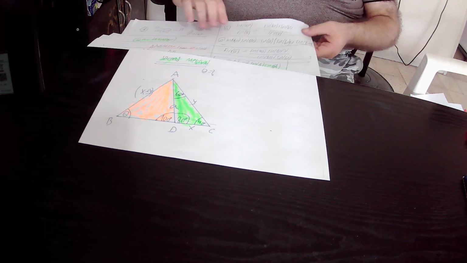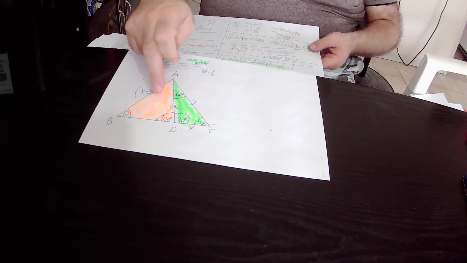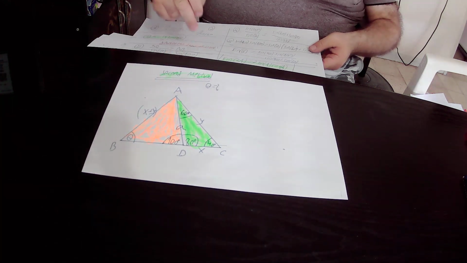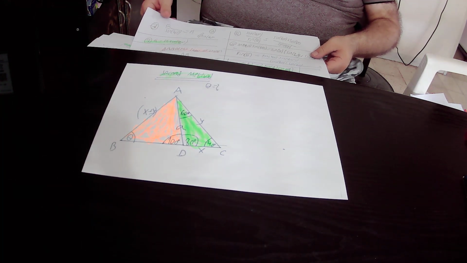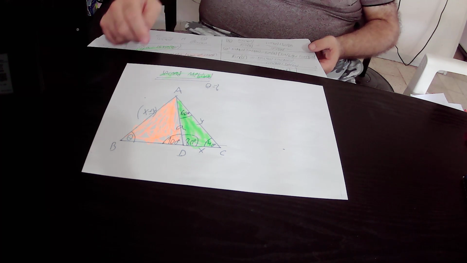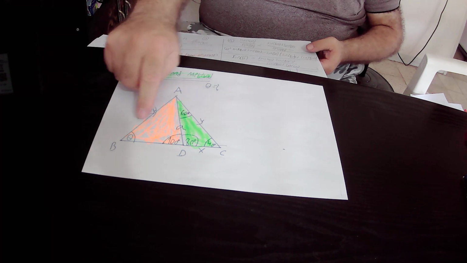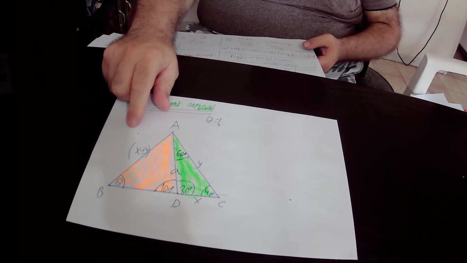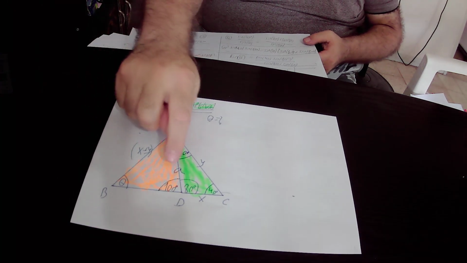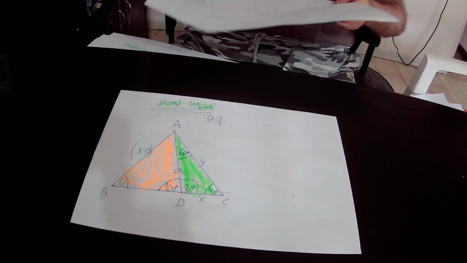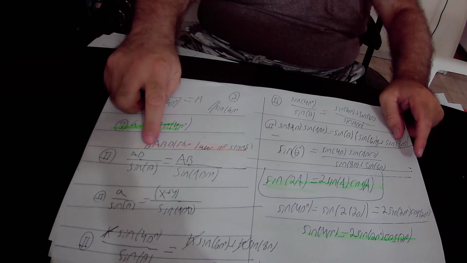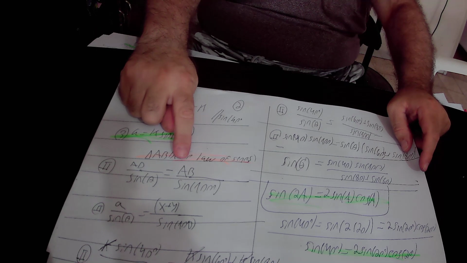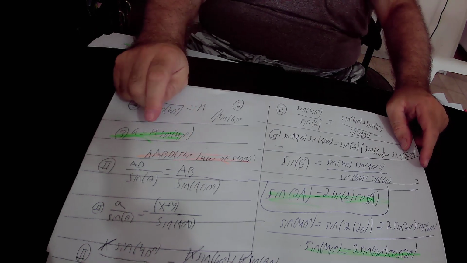Then we implemented the law of sines in the orange triangle, triangle ABD. According to the law of sines, in the orange triangle, triangle ABD, AD over sine theta equals AB over sine 100 degrees.